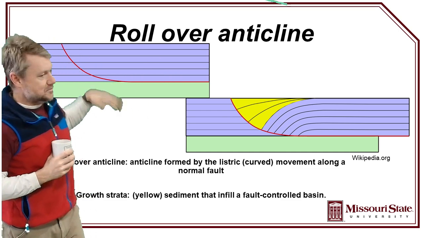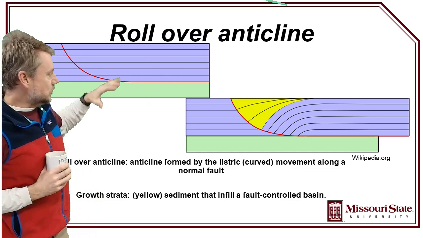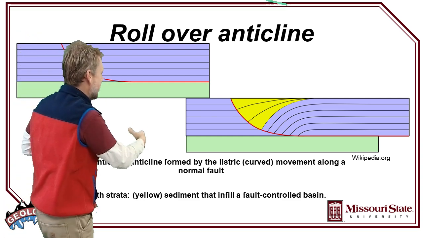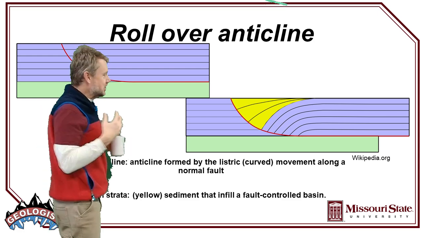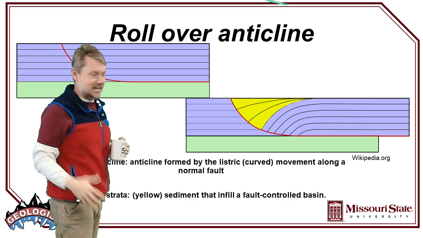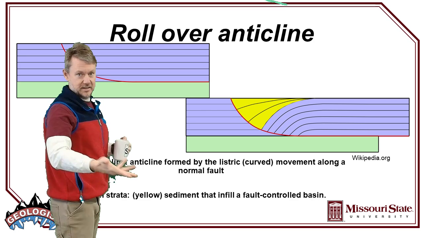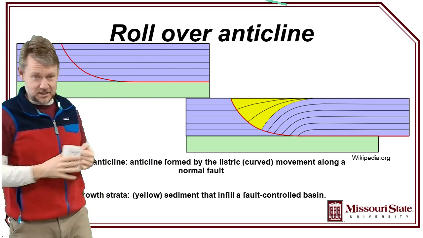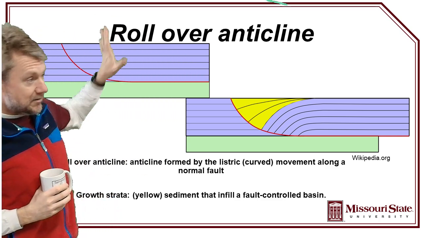And what's really cool about this figure, if you see the yellow here, these are called growth strata. This is what happens when you start to drop one block down. If you think about your sedimentology terms, one of them is accommodation, which is space to put sediment. When you have the hanging wall drop, you've created accommodation above the hanging wall.